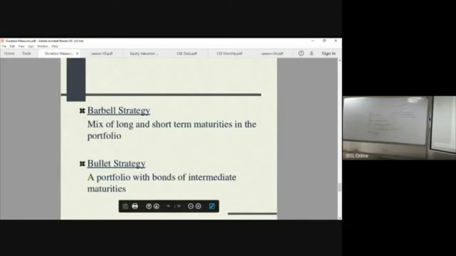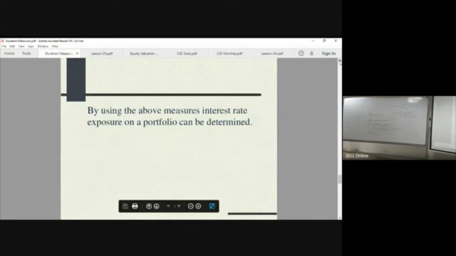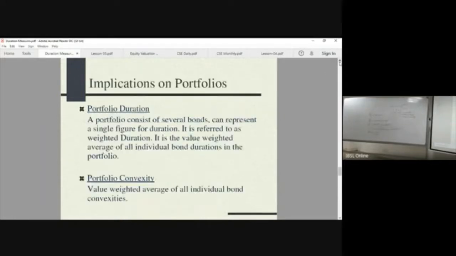Right, now before going into these strategies, we will see some examples of portfolio duration and convexities. I will put up a certain example here.